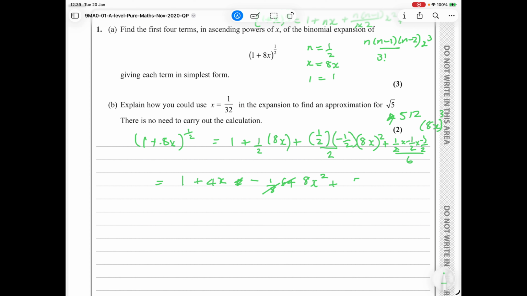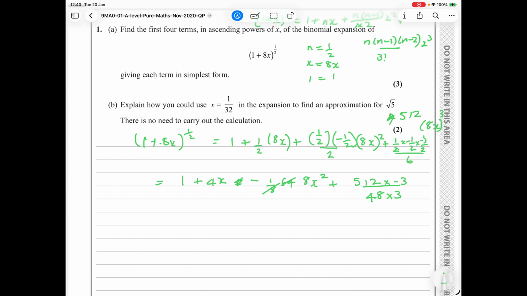And that's going to be 512 times minus 3 over 2 times 2 is 4 times 2 is 8 times 6, which is 48.